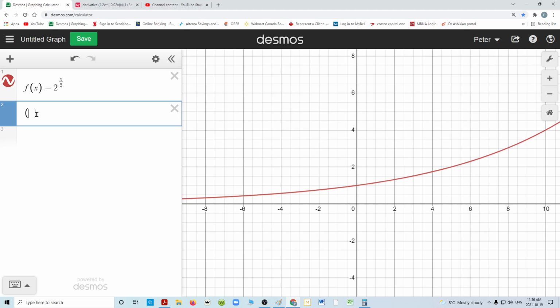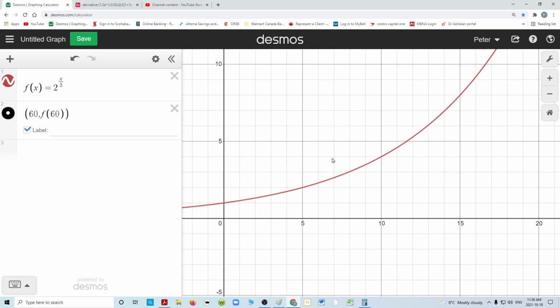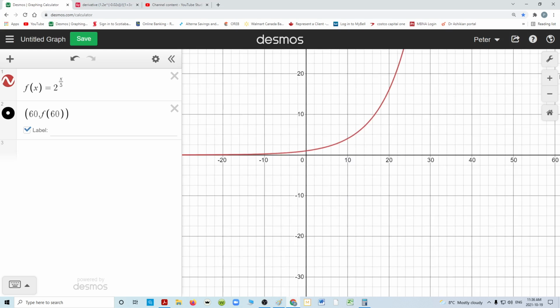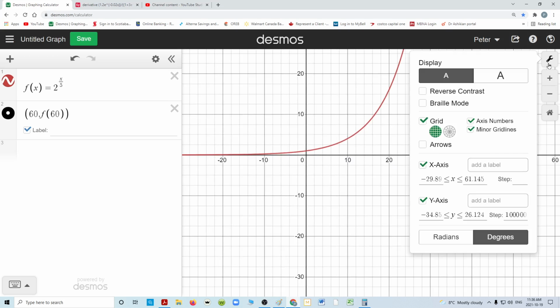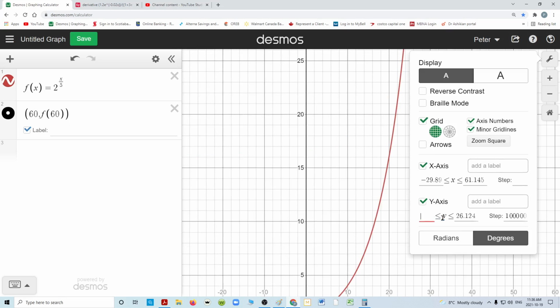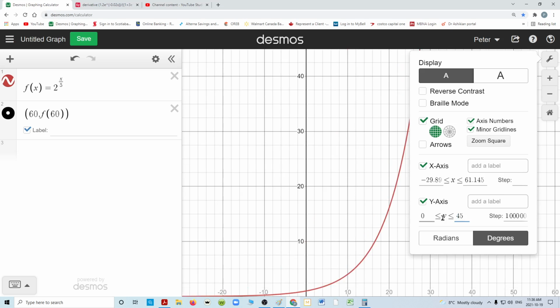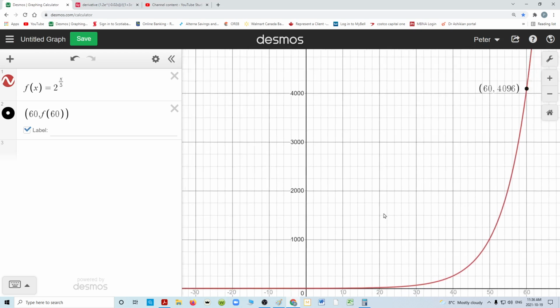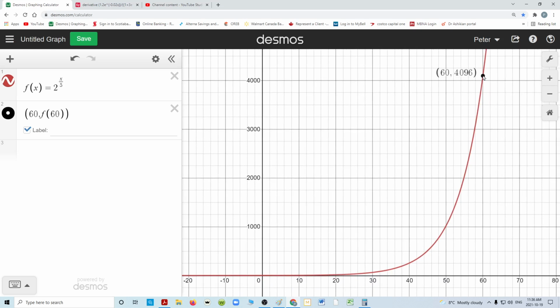Here is our point at 60 minutes. There, that'll be easier. There it is. So that's when the bacteria kick off. Now, our other curve is equal to this.